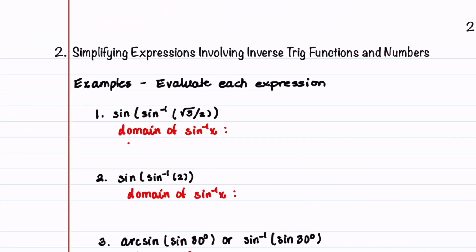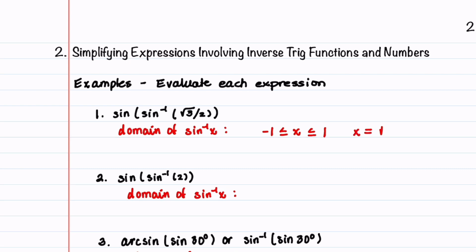In this first set of examples, we'll learn how to evaluate compositions of the same trig function, such as sine and inverse sine. We'll first evaluate sine of inverse sine of root 3 over 2. We'll remind ourselves that the domain of inverse sine of x is x ranging from minus 1 to 1.